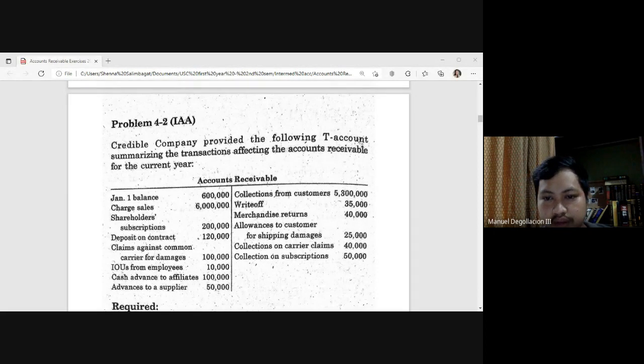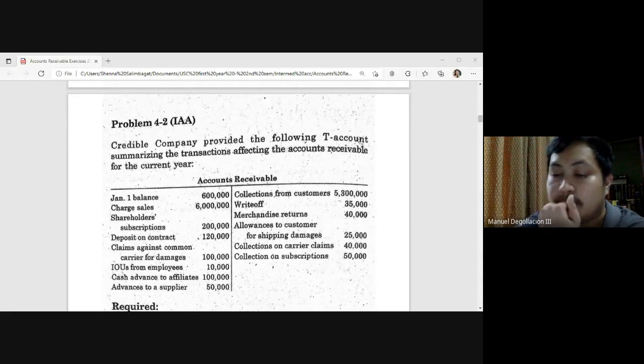and we are already familiar with the subscriptions receivable account. The question now is, should it be recognized as a separate current asset, subscriptions receivable, or a deduction to your shareholders' equity? How should the 200,000 be presented?